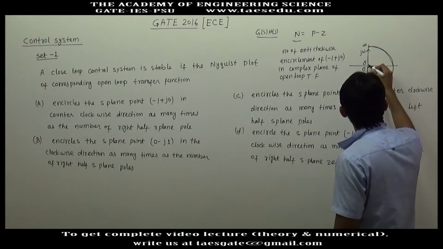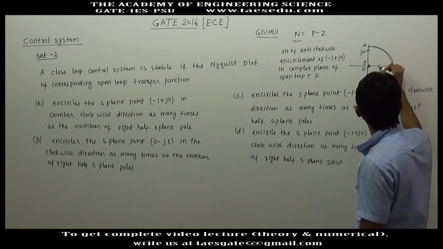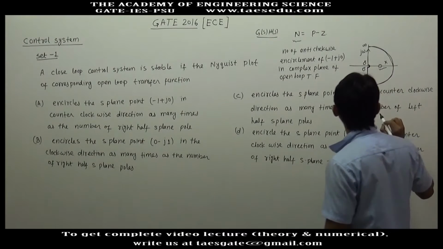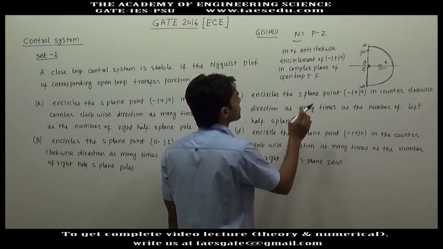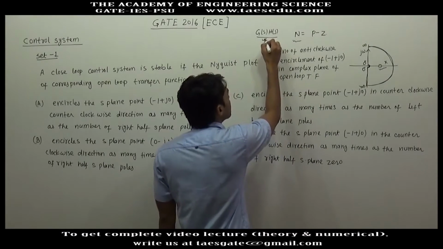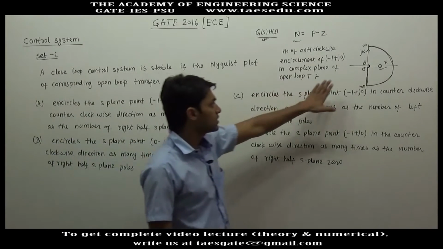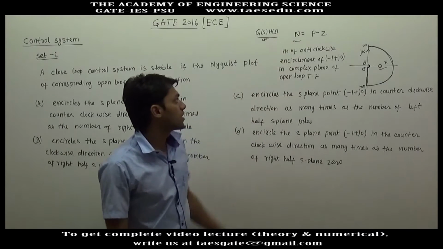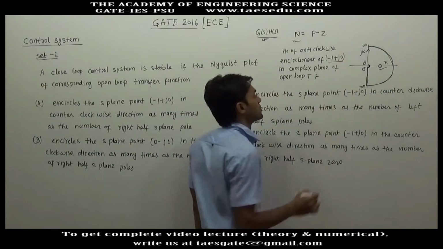and in the entire right half of S plane, if there is a zero or if there is a pole, the effect of the pole and zero will be reflected in the complex plane of the open loop transfer function. So this way we move in S plane and we try to find out N, the number of anti-clockwise encirclements of the point -1 plus j0.